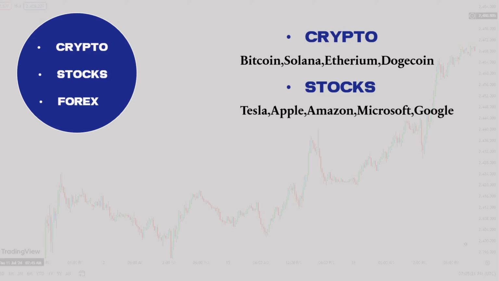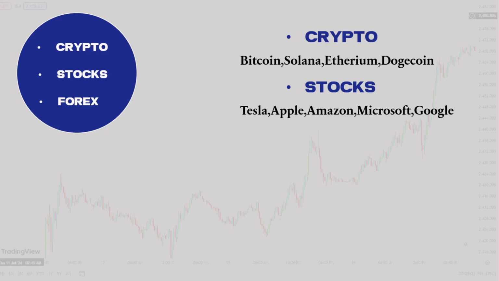Now, when we come to stocks, we talk about Tesla, we talk about Apple. Those are major companies, right? You can buy a share in these companies to gain profit. You can trade any of these.